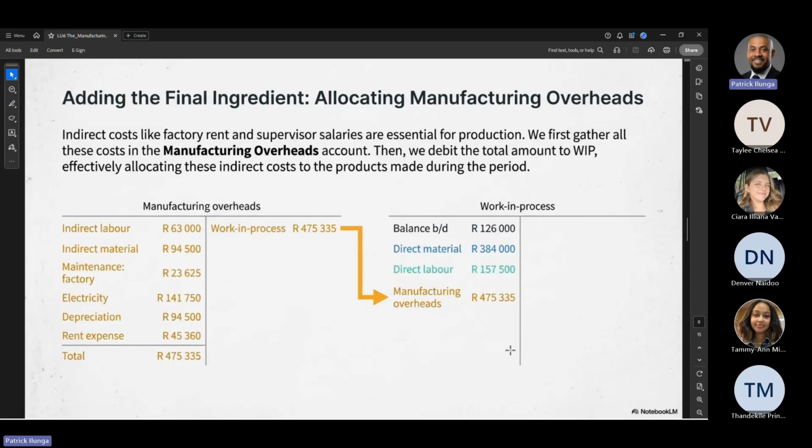What about electricity for the factory? Yes, we will take that. It's indirect. Depreciation, we will take that. Rent, we will take that. Rent is not the actual manufacturing, but we understand that. Are we all good here?